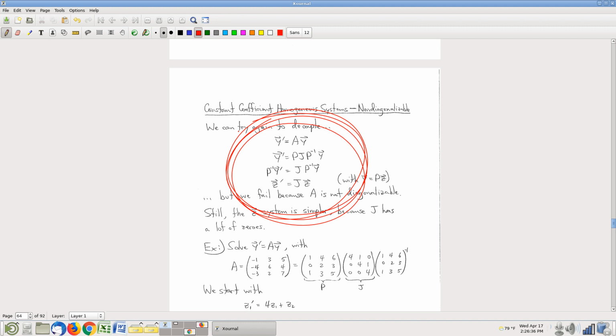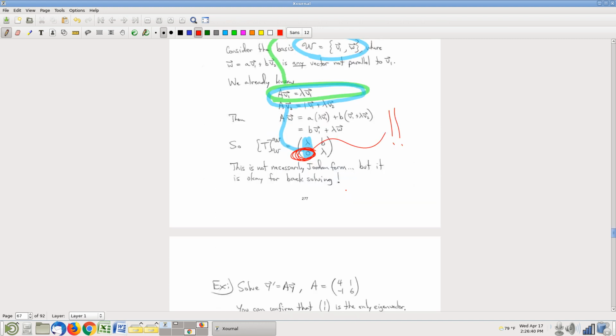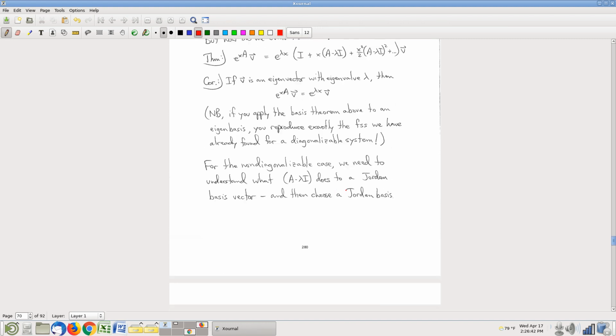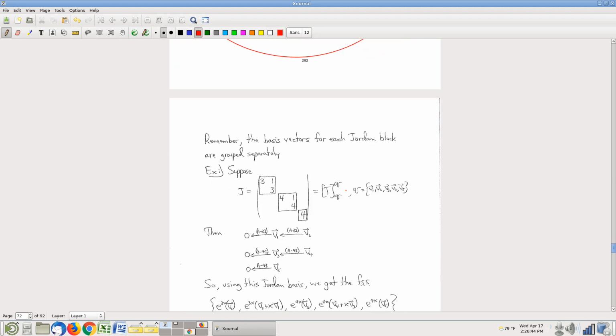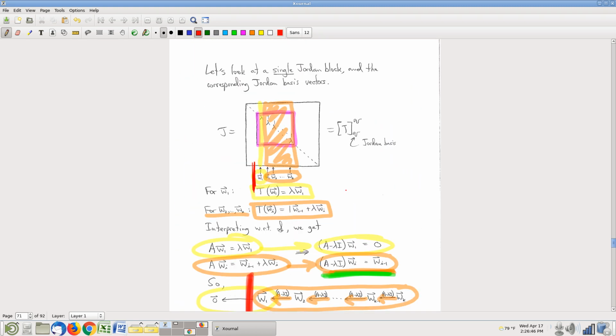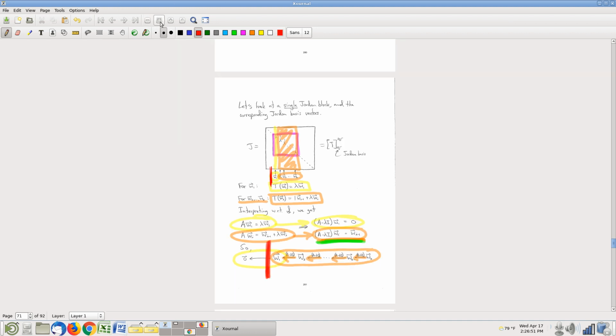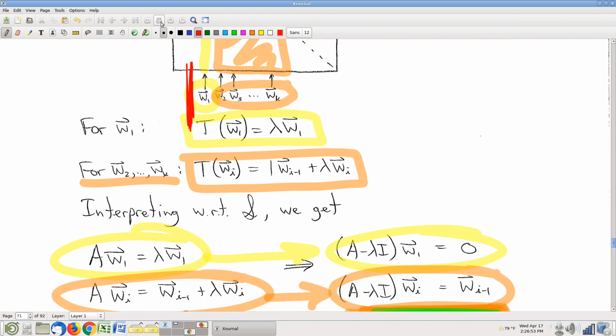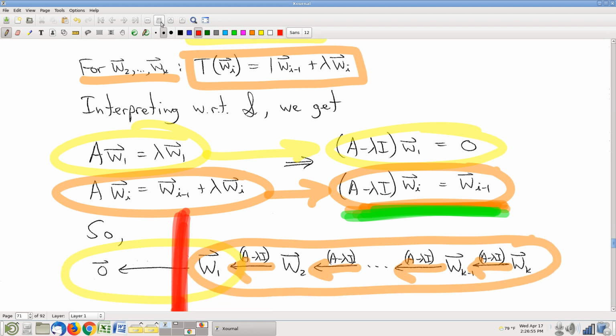Okay, so a couple of last things that I want to say about the matrix exponential method. Let me go back to this page. This whole page, this diagram: what does A minus lambda I do to Jordan basis vectors? Well, it depends.